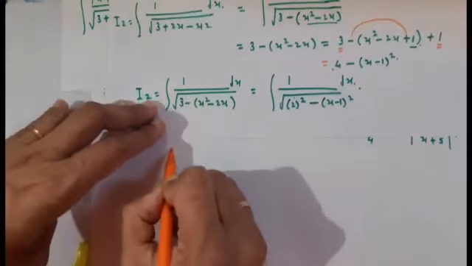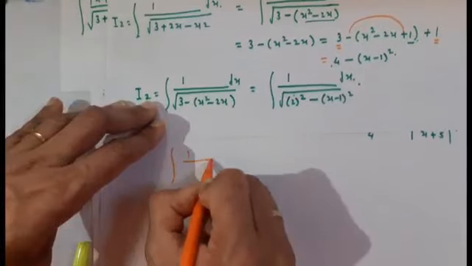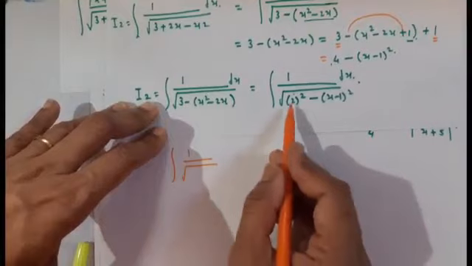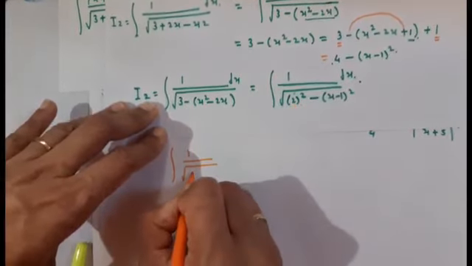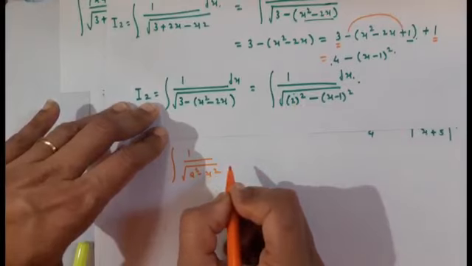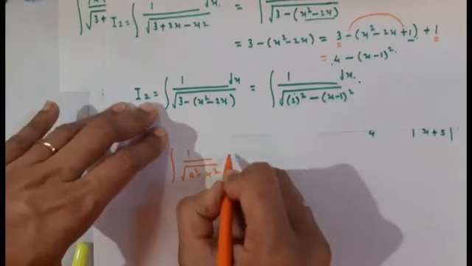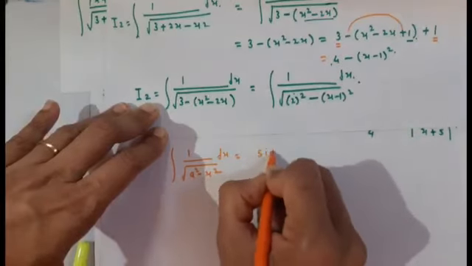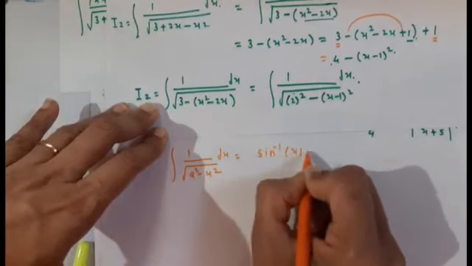integration of 1 upon square root of a square minus x square. This is the integration of the form square root of a square minus x square, and with respect to x the integration is sine inverse of x upon a.